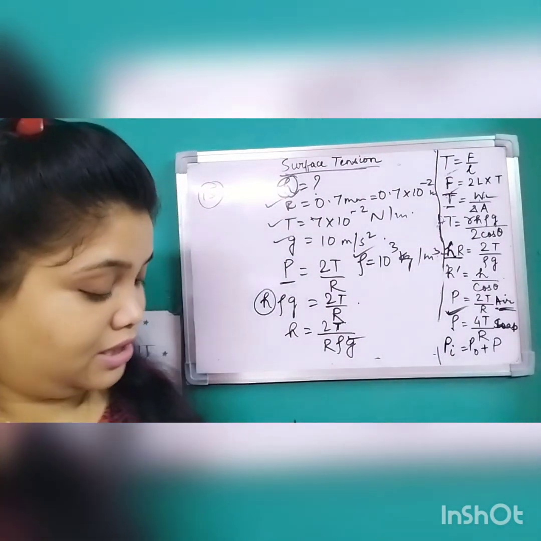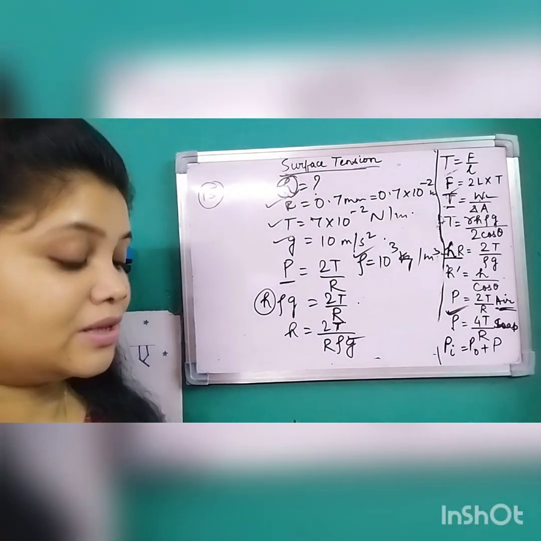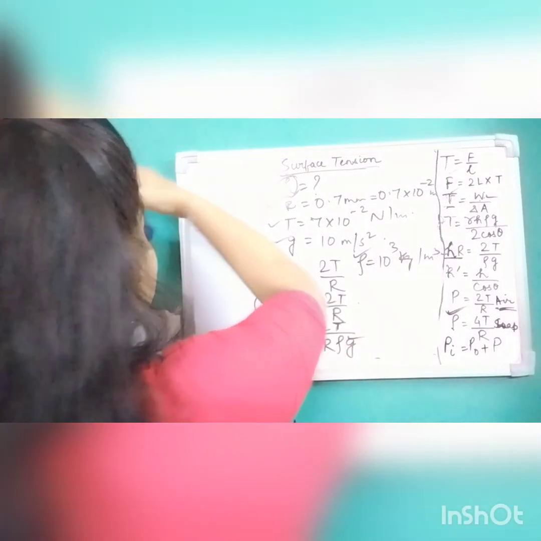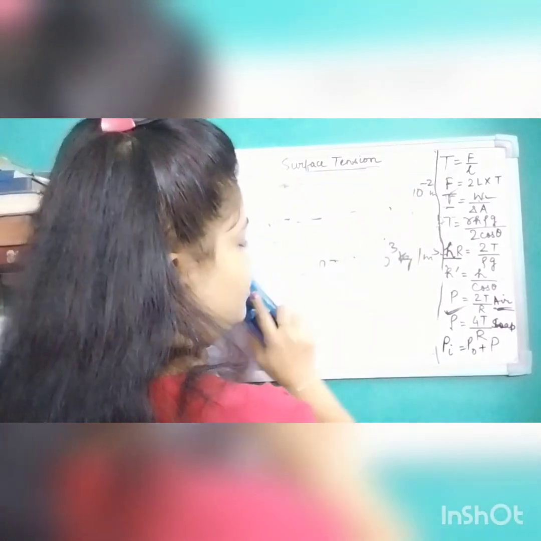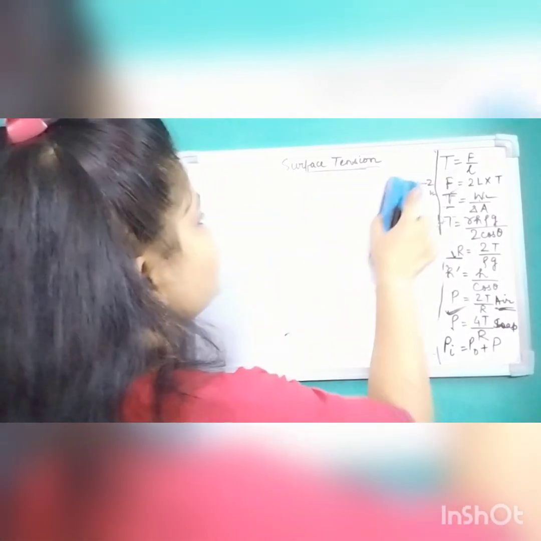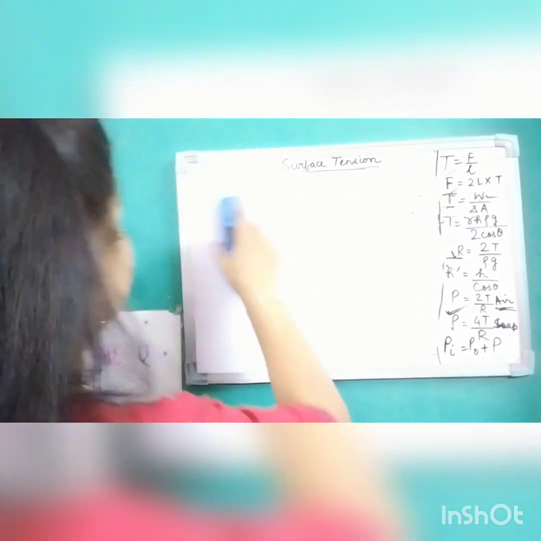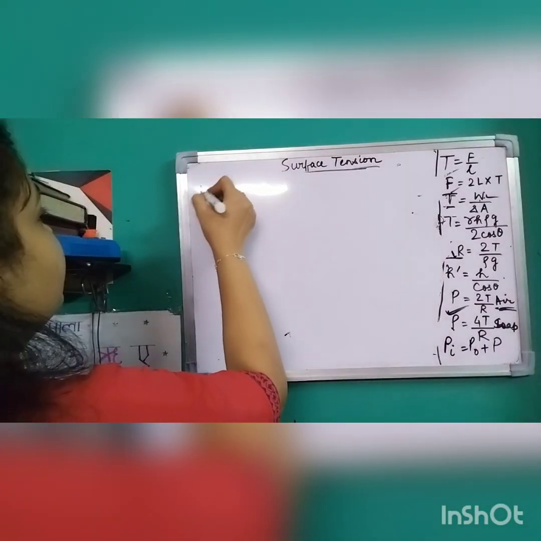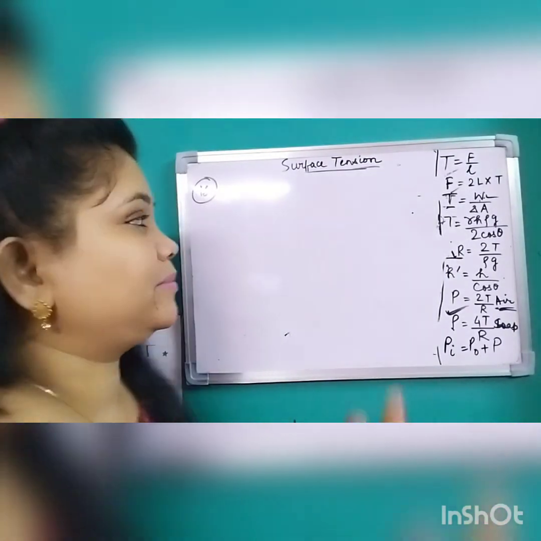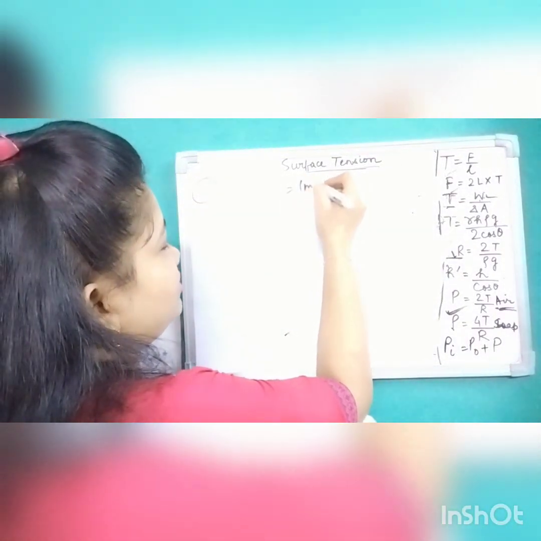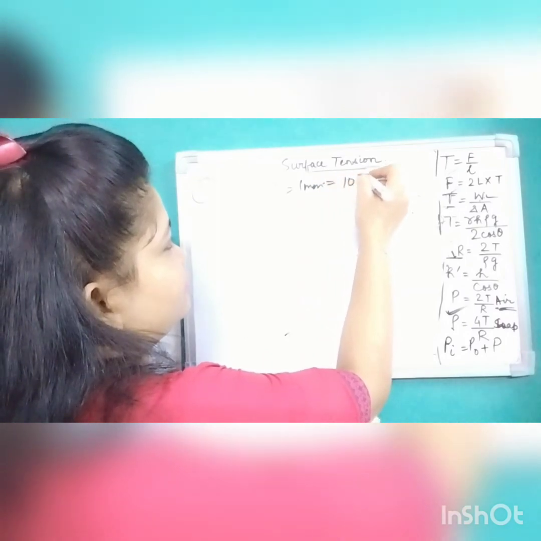Next, let us go to sum number 16. Sum number 16 is a bit different from this sum. Easy but a bit different. It says there is an air bubble of radius 1 millimeter. So R is given as 1 millimeter, which is 10 to the power of -3 meter.